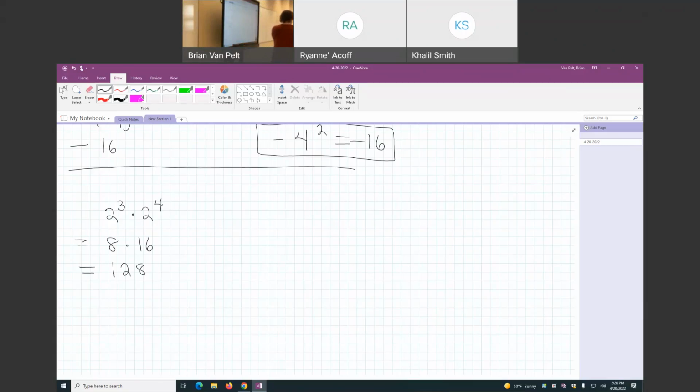Yours allows you at least to see. His doesn't allow you to see the light. His is the old fashioned kind. So did you do 2 to the 3rd? You have to do the equals 4, because if you don't and you put a times, it'll think you're multiplying that exponent by.